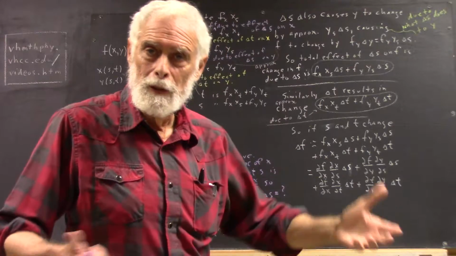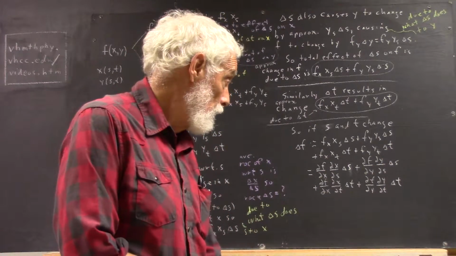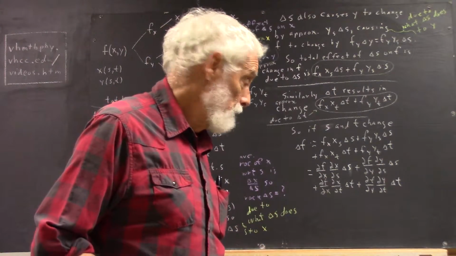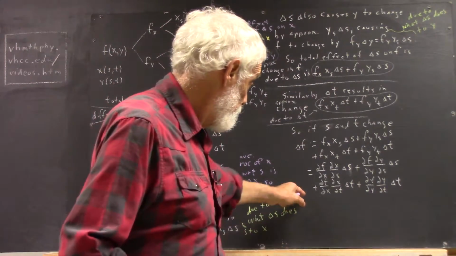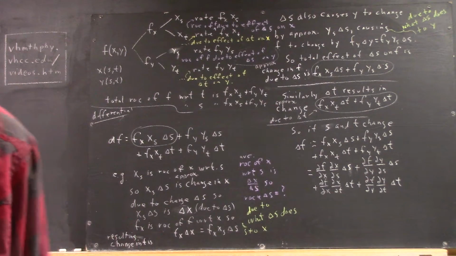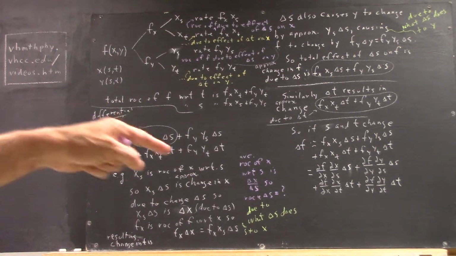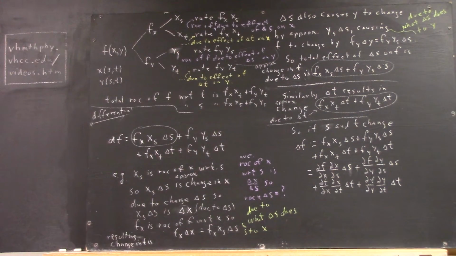Now, if the number's too big, it's going to take forever to write it down, but you would understand how to do that. Okay, well, there it is, and there's the basic meaning of these differentials and partial derivatives and the chain rule.